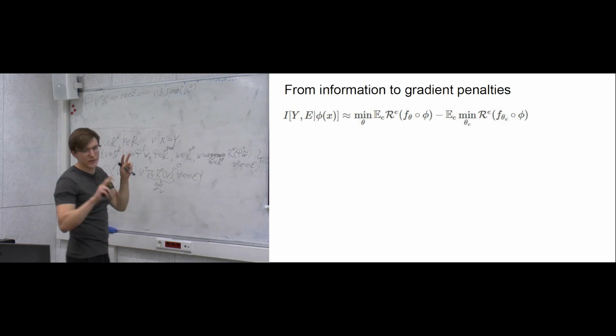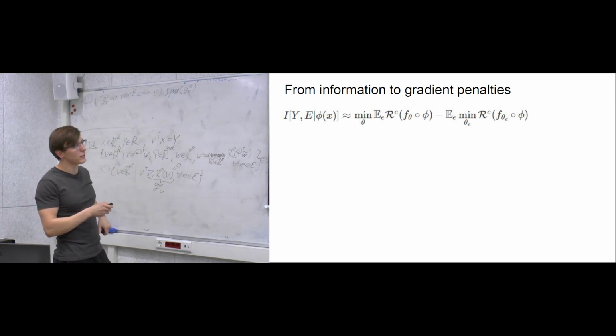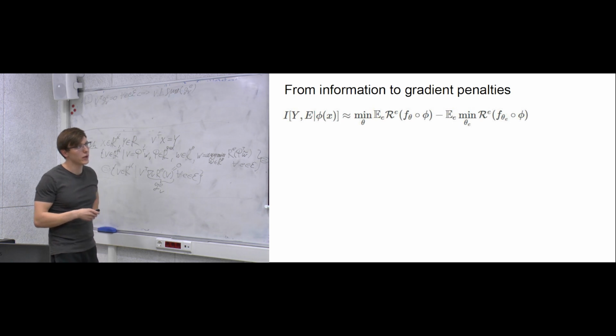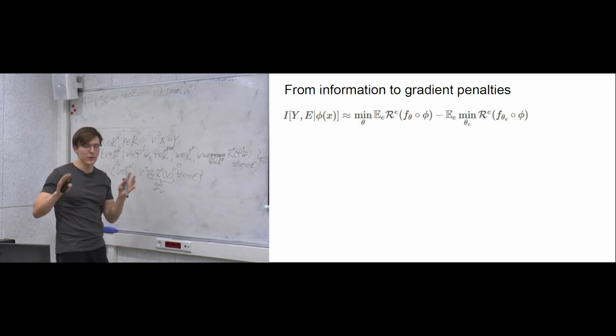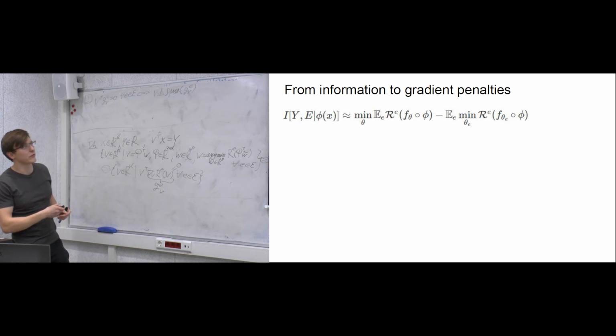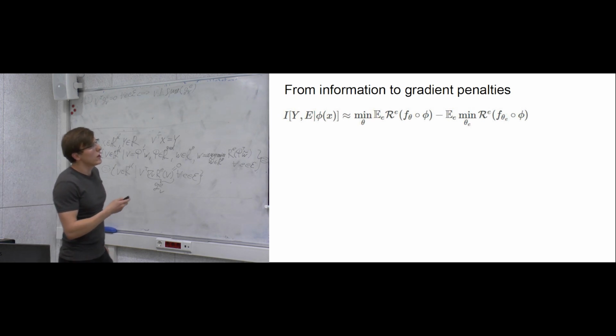He does some math juggling. We will not dive into details, but it seems to be reasonable. He explains it in more detail in his blog, but with some mathematical juggling, we can approximate mutual information between our outputs and environment with this equation.